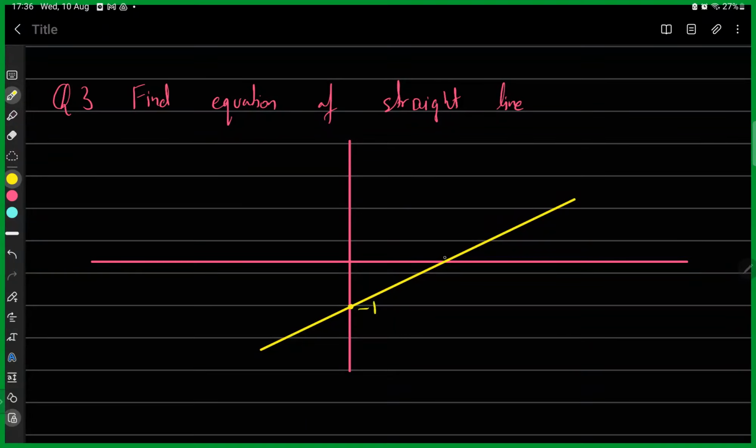It's -1 and this one is 2. This is your x-axis and this is your y-axis. It's 2.